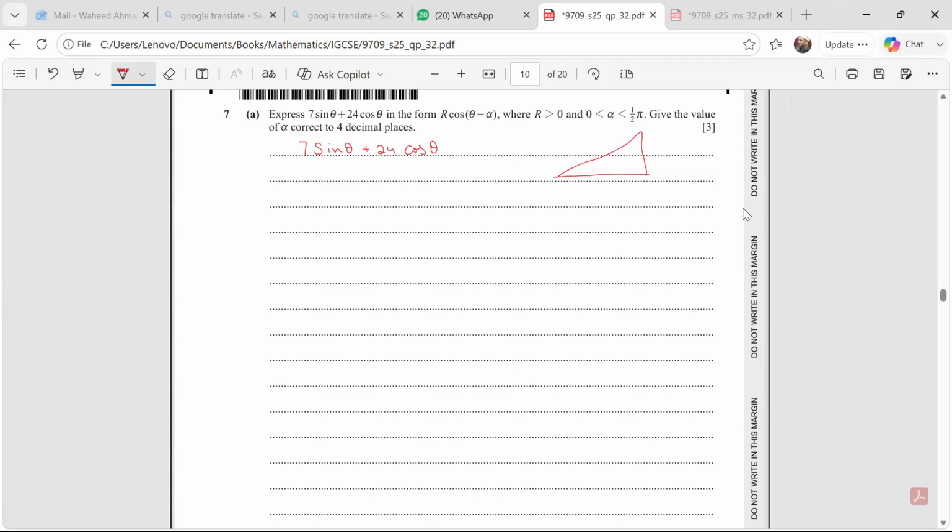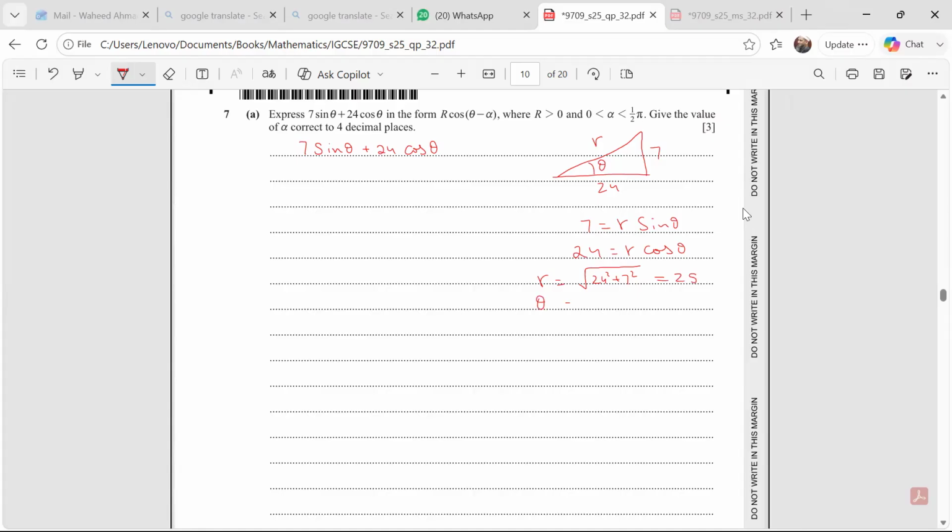Imagine I have a triangle where this side is 24, this is 7, this is r, and this angle is theta. So you can see 7 is equal to r sine theta and 24 is equal to r cos theta, where r is equal to the square root of 24 squared plus 7 squared, and this comes out to be 25.